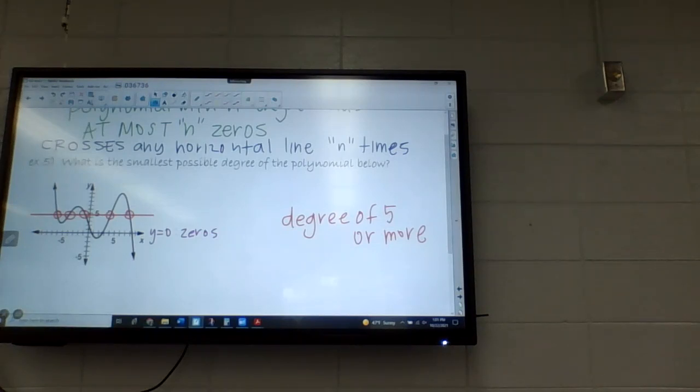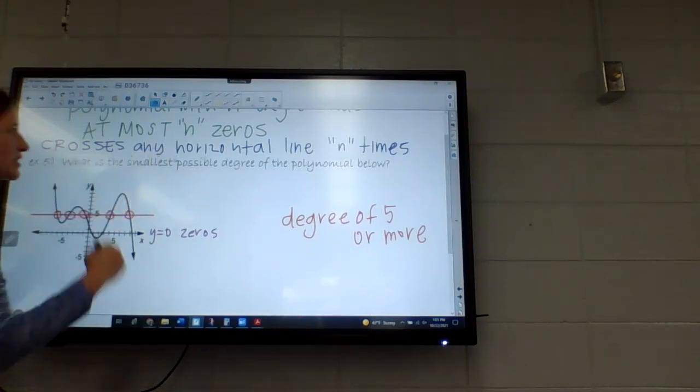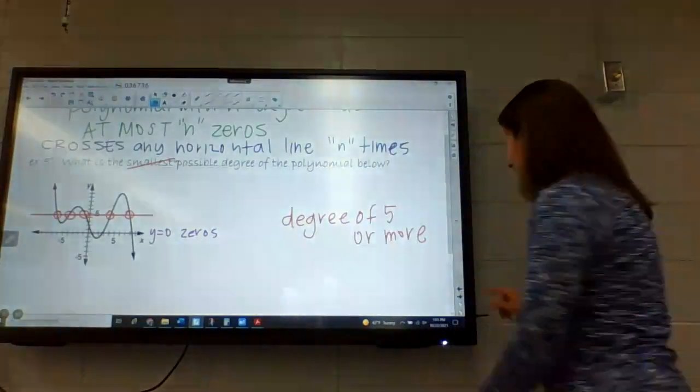So it could be a higher degree with fewer zeros. It could be a degree of 8, but only have 3 zeros, that's okay. The degree can be higher than the number of zeros, but the zeros will never go over the degree. So why are we asking the smallest possible degree? Wouldn't it be the largest? Probably the largest possible degree, sorry. And we call it a day.